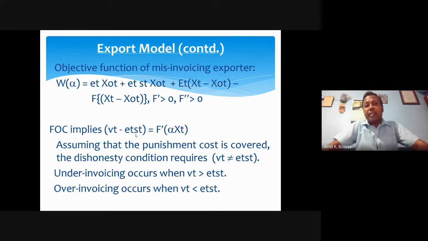But since she is more interested in selling those foreign currencies in the black market, the trade-off is between VT and ETST. If VT is greater than ETST, she will underreport. If VT is less than ETST, she will overreport. As you see on your screen, these are the results. And if they're equal, you will be Ramakrishna. You will never be dishonest, if VT equals ETST. So these are the catches.